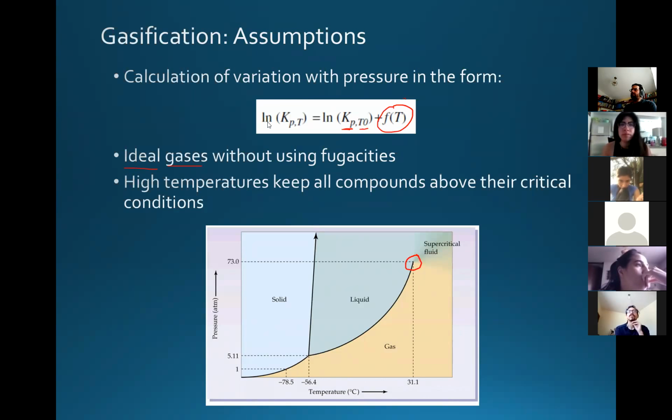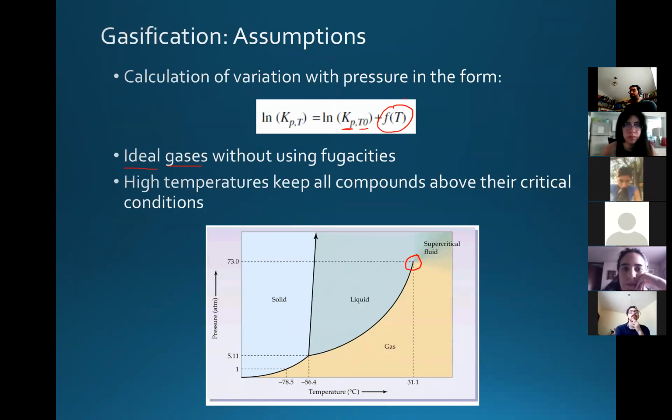I don't know if you take thermodynamics, you guys. Right? You do? Yeah. Okay. You should have seen the ideal gas equation and many ways to correct the ideal gas equation, like the van der Waals equation or the compressibility equation and so on.